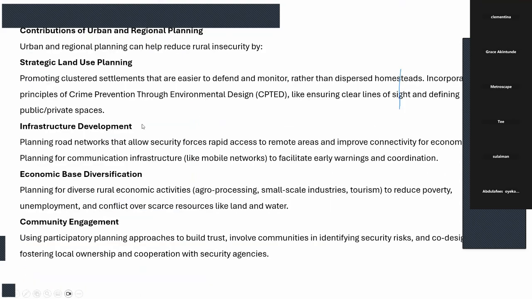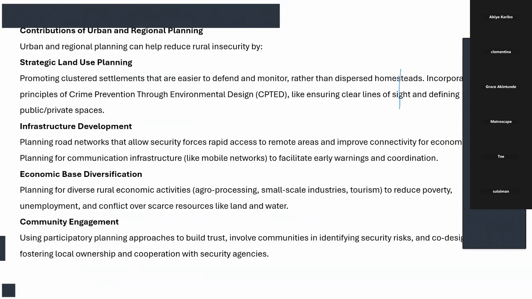Okay, so here we have the contributions of urban planning to food security. Number one, we have strategic land use planning: promoting clustered settlements that are easier to defend and monitor rather than dispersed homesteads. If you know all these areas I mentioned, most especially in northern Nigeria, most of the villages, you see them scattered around, like in Katsina and Zamfara state, where we have a significant number of Fulani.